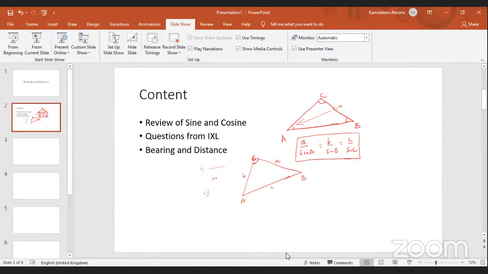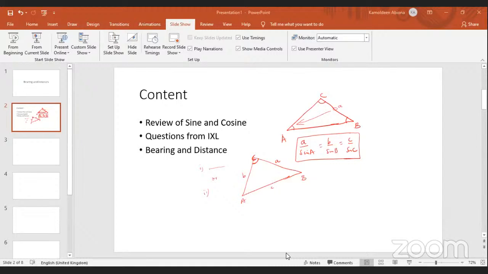Some of us already have it, but for those that don't, you can go to the geometry part, under letter R, trigonometry.